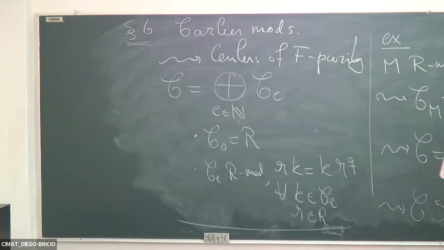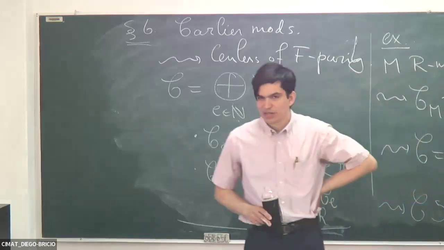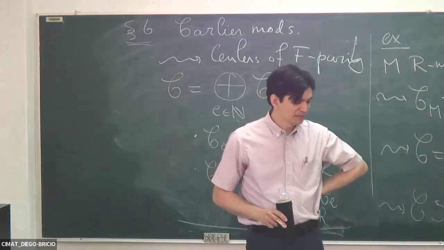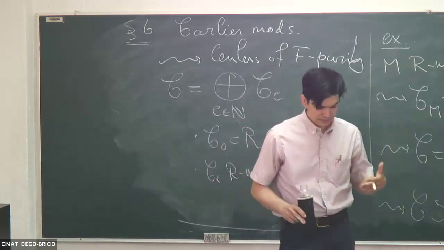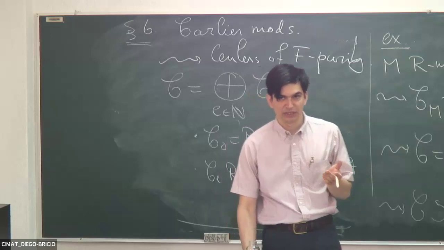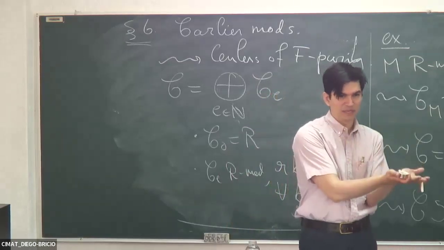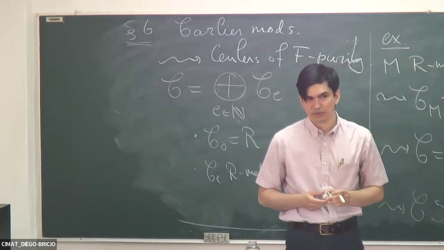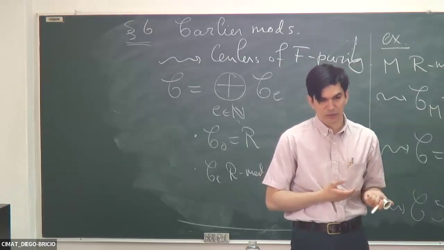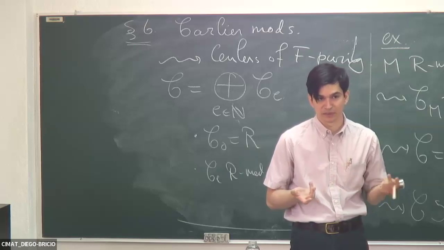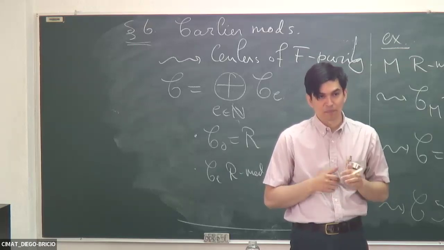It's a very good point. I think this is what happens actually. It's more of a meta statement because it's just based on examples. So what happens is that positive characteristic essentially is divided between wild behavior and tame behavior. Okay, and the tame behavior is whatever you expect to happen from characteristic zero intuition, right?